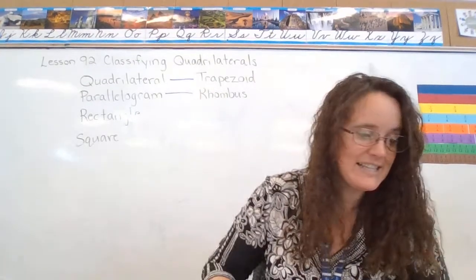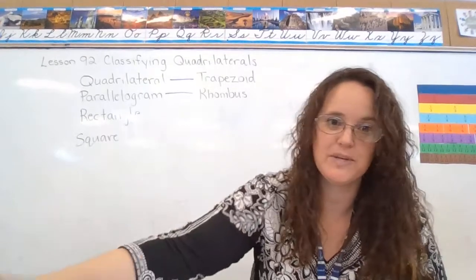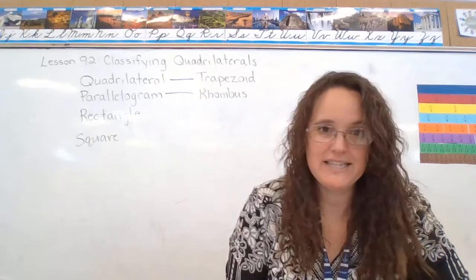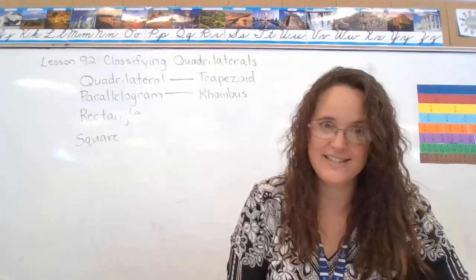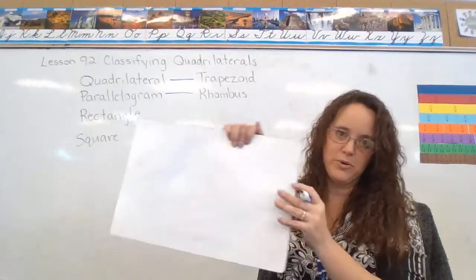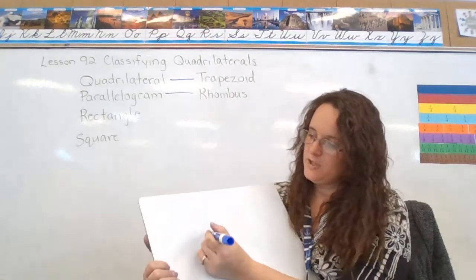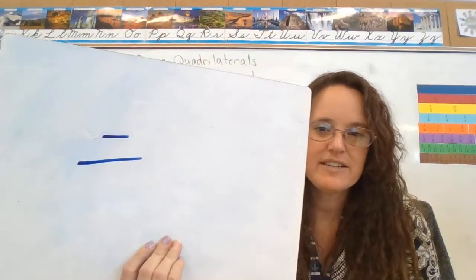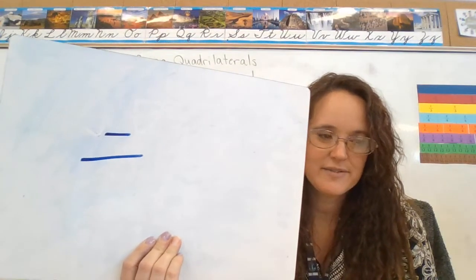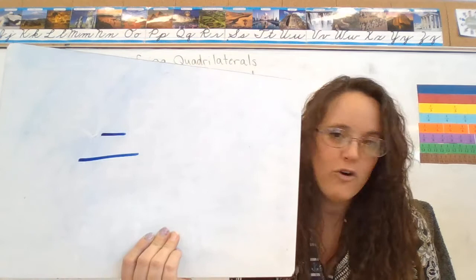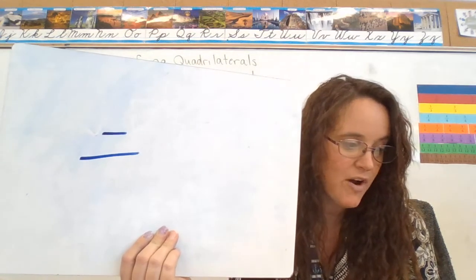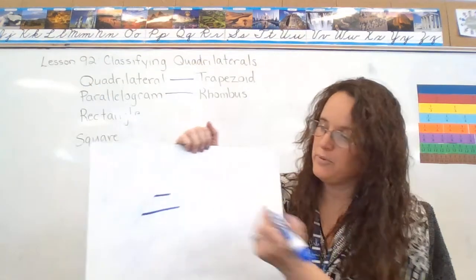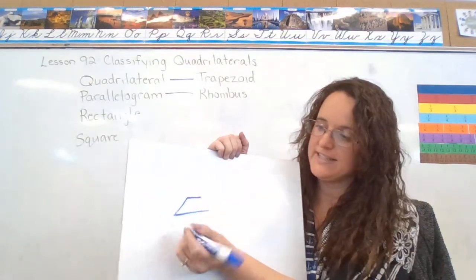All right, the next example says, this one you're going to have to do with me. Draw two parallel line segments of different lengths. So start out with that. If you have a whiteboard or a piece of paper, draw two parallel line segments that are different lengths. Then form a quadrilateral by drawing two line segments that connect the end points. So your end points are where your line starts and stops.